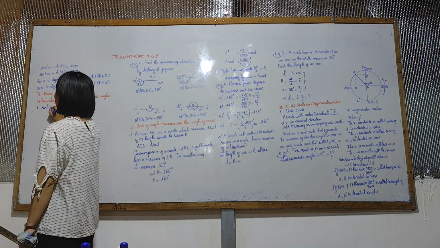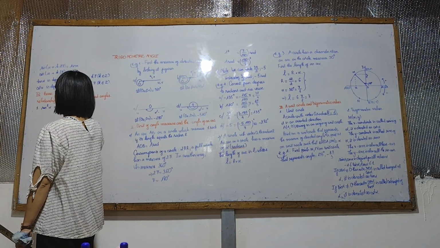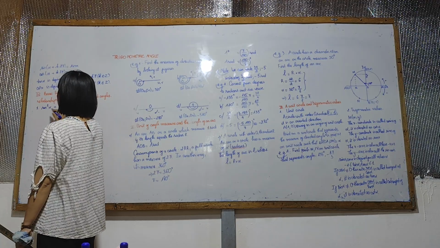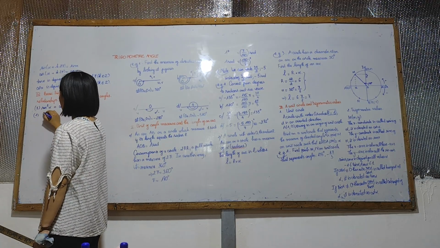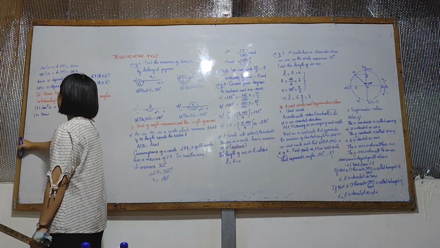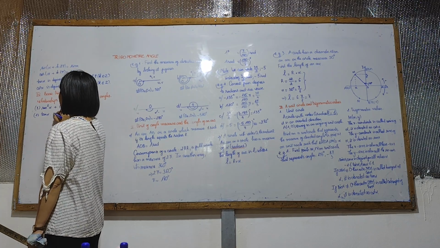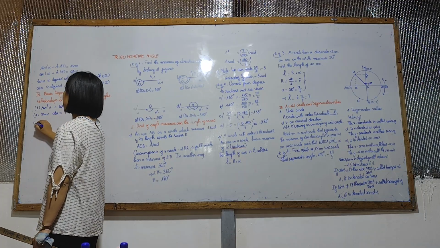1. Sine squared alpha plus cosine squared alpha equals 1. 2. Tangent alpha multiplied by cotangent alpha equals 1.